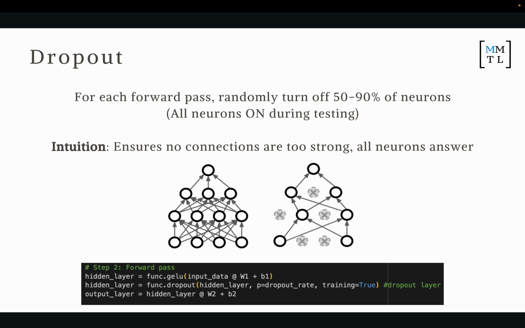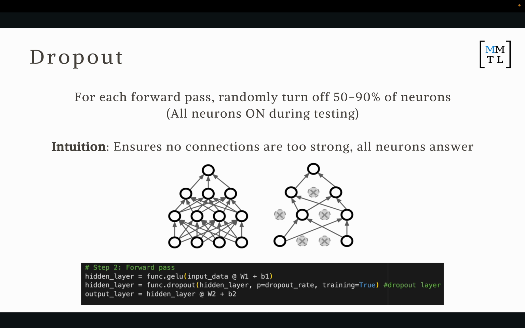Very unusual. During testing, all neurons are back on. Essentially what it does is it ensures that there are no connections that are too strong, and all neurons are involved in answering. Because if you turn off, for example, 90% of neurons every time you do a forward pass, the neurons eventually learn that they need to spread the knowledge.